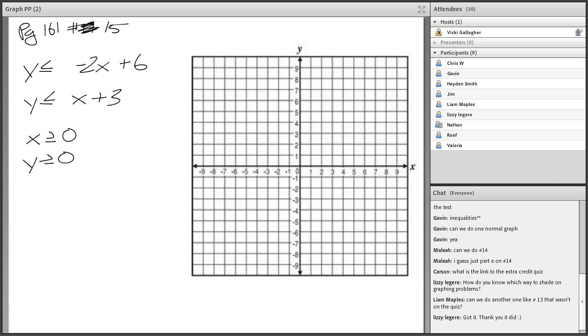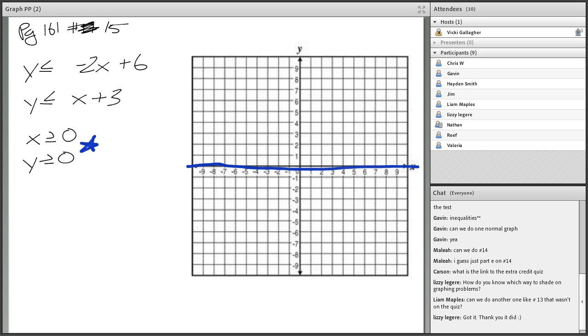All right. So the first thing I noticed when I was writing this down is it's got those inequalities where x is greater than or equal to 0 and y is greater than or equal to 0. Those two inequalities tell me I want to stay in my first quadrant. Now, I do want to be very clear, those are not always in the problems.